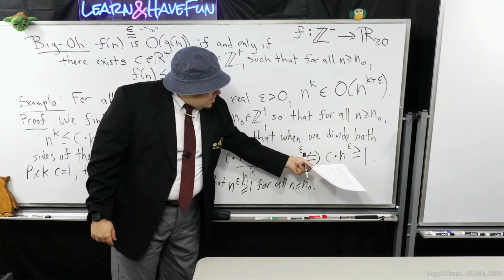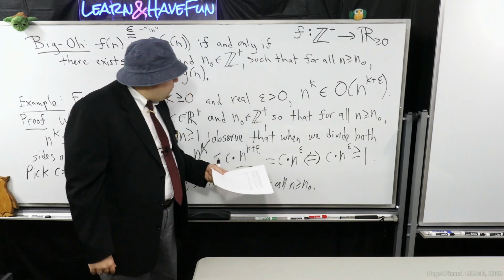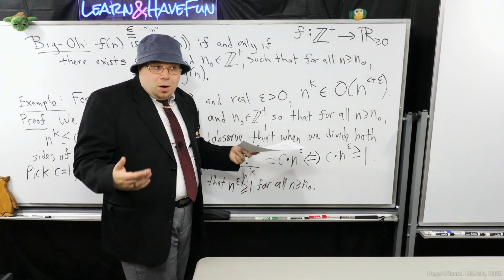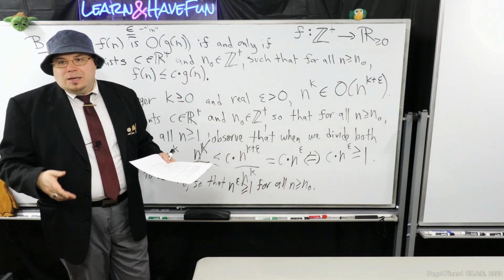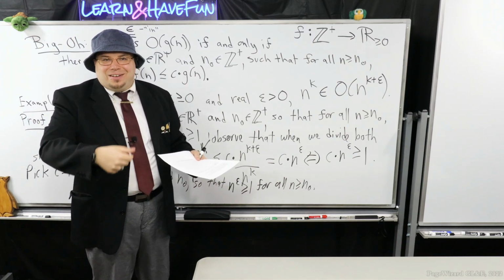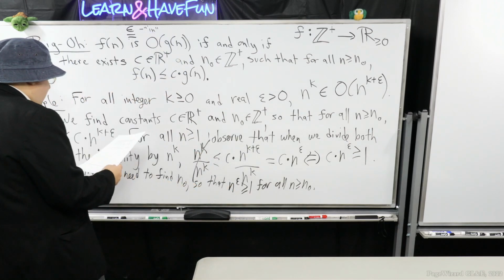Well, n to the epsilon is always going to be increasing regardless of what epsilon is. If I go 2 to the epsilon, 3 to the epsilon, this function's value is going to increase, okay? So we're going to use that fact to help us conclude this proof, okay?